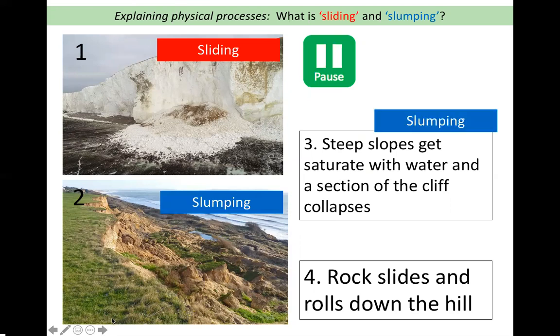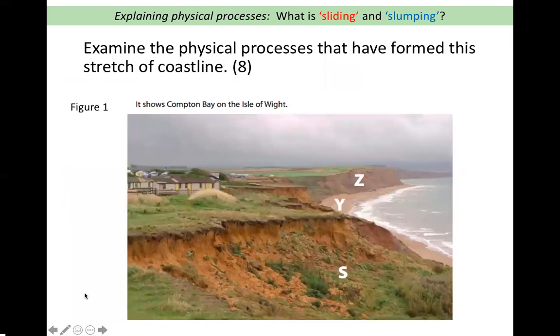Steep slopes get saturated with water and a section of the cliff collapses. That is slumping. Rock slides and rolls down the hill due to gravity. That is sliding. And I know they sound quite similar, but again, like I said, they are two different types of mass movement.